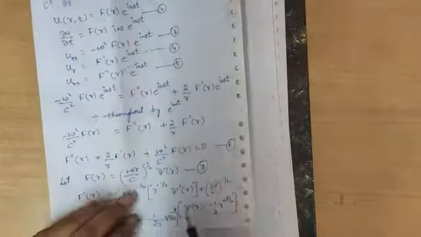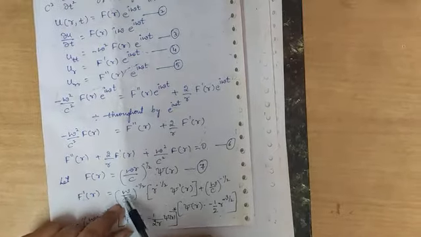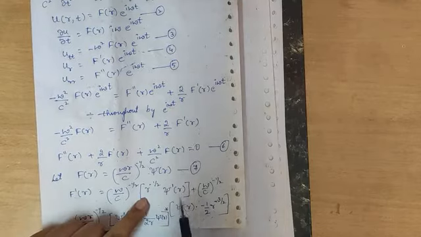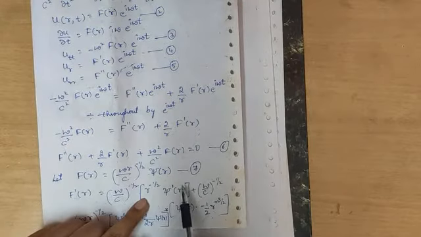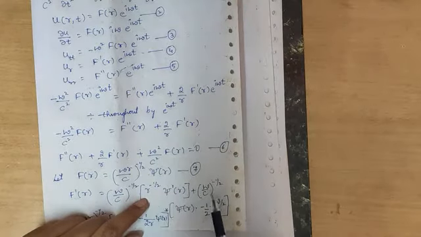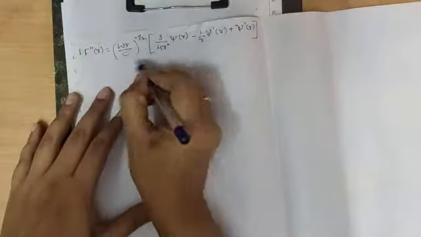Take this solution and differentiate it. Treat omega c power minus 1 by 2 as it is. Differentiate these two, treating one as constant and differentiating the other. Use the product rule. Again use the product rule for these two and simplify. You will get this.